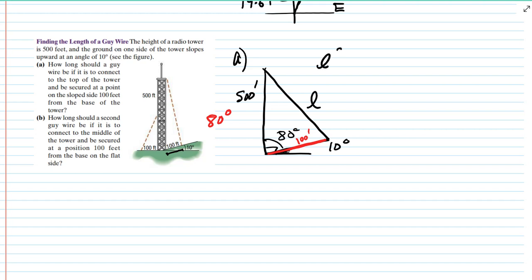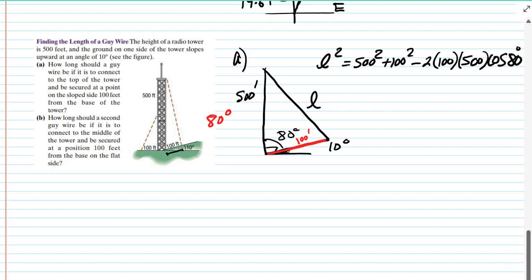So I'm going to say that L squared is equal to the sum of squares of the other two sides, negative twice their product, and cosine of the included angle, cosine of 80 degrees. If you work this one, once you take the square root, the number ends up being about 490.